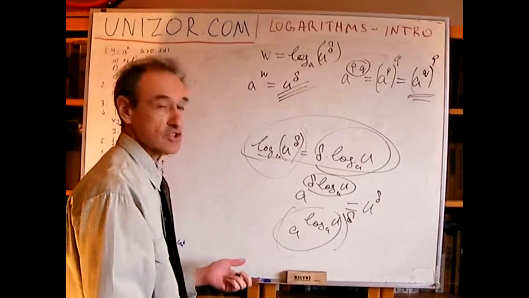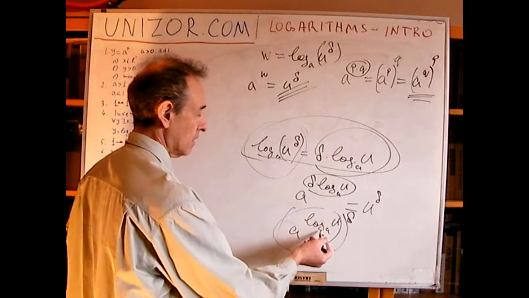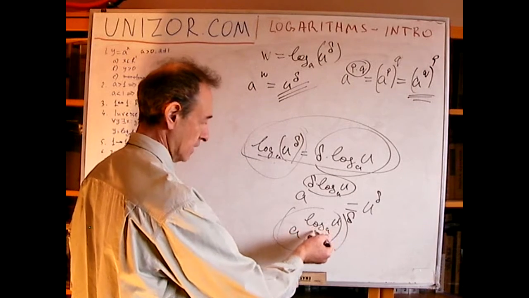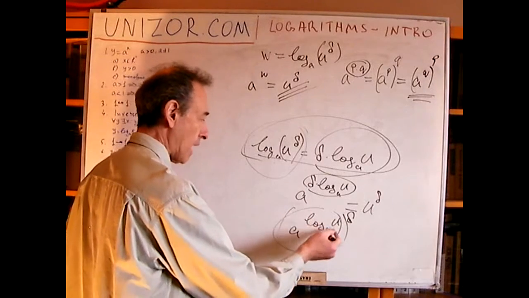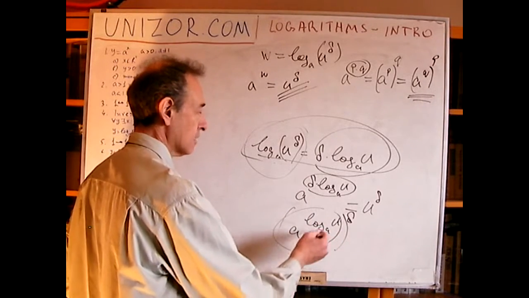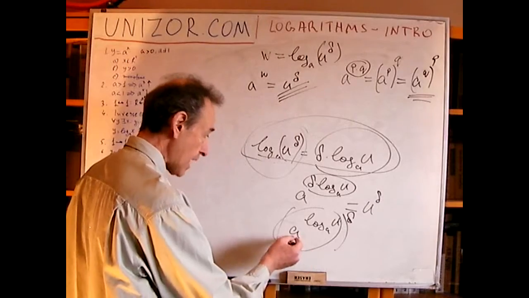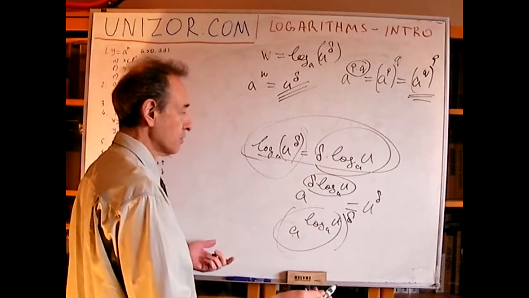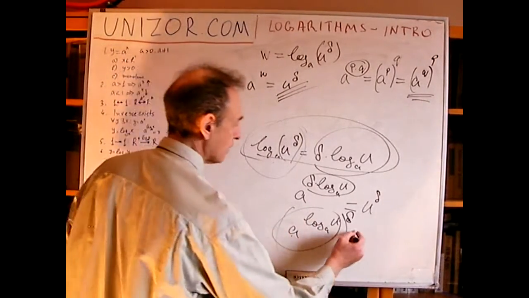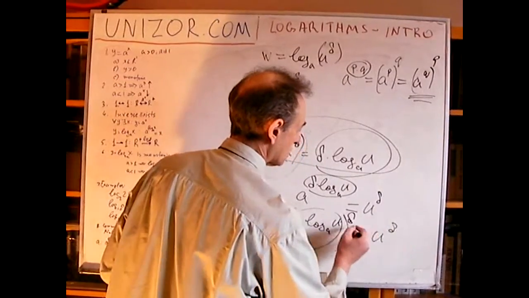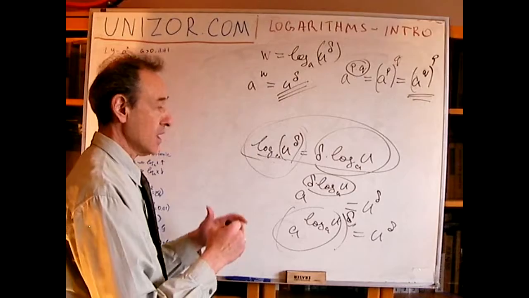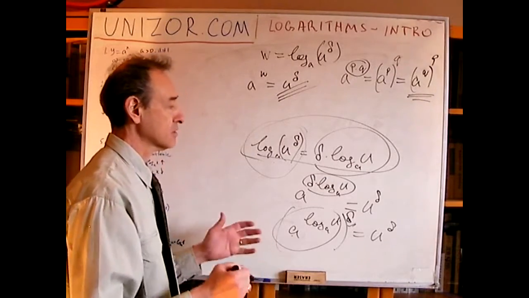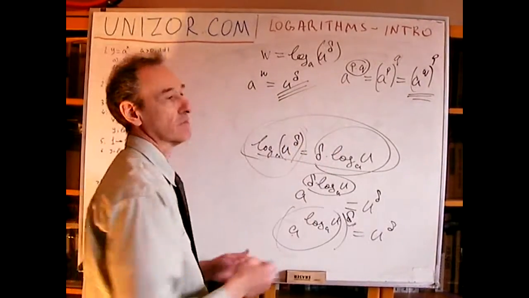This is the definition of a logarithm, because this is the power I should raise a to in order to get u. So let's raise a to this power. I will get u, right? So this will be u still to the power of delta. So that's a very simple proof, actually, which is based only on the definition of logarithm and this property of exponential function.